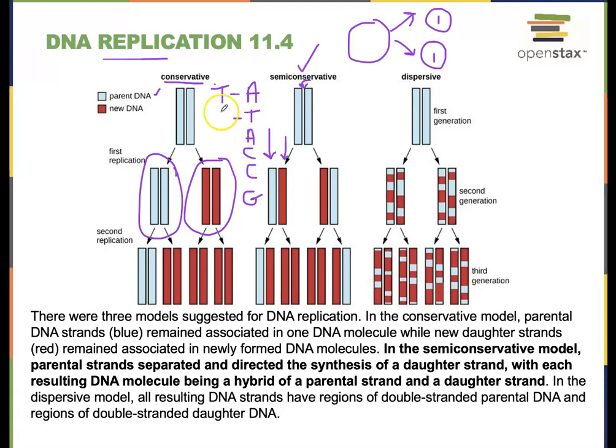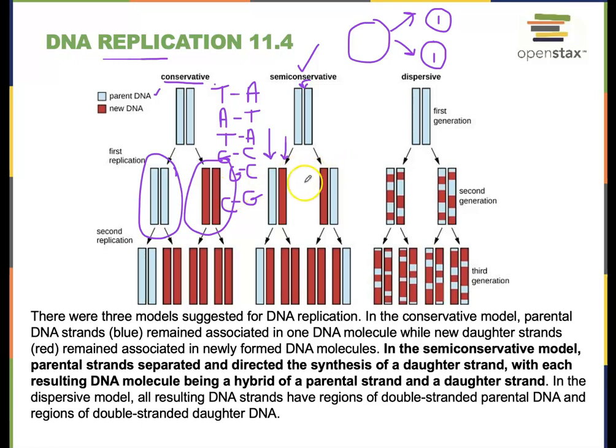If there is a T on one side, you know there has to be an A on the other side. If there's an A here, we know there's another T here. If there's a C, we know that a G is going to go there. A C, we know a G is going to go there. And then if there's a G, there's a C, right? So it's really easy. If you take apart the parent strands, you can read one strand and it acts as a template to create another strand.